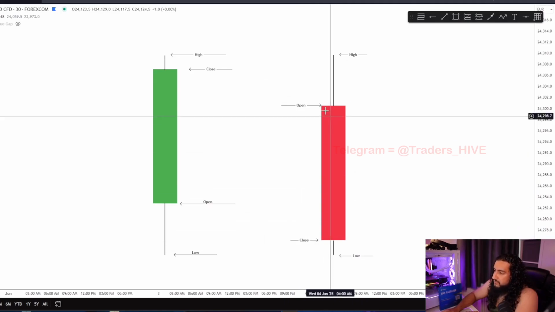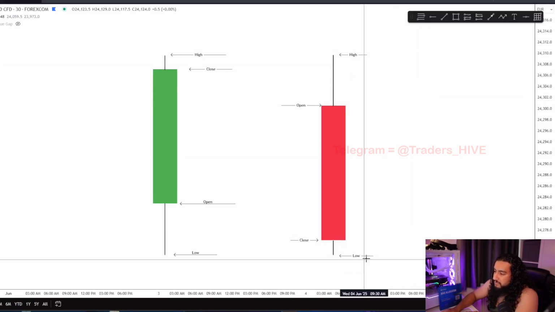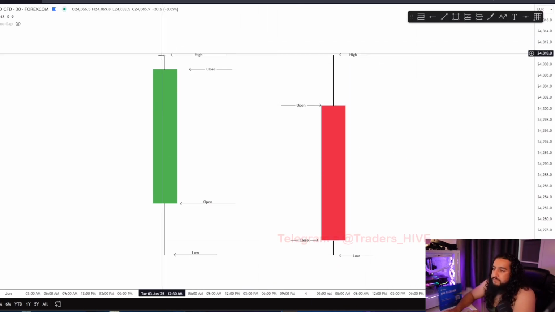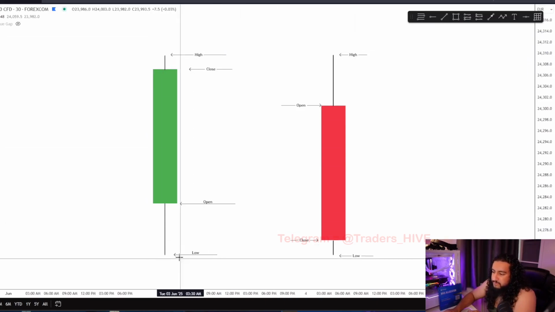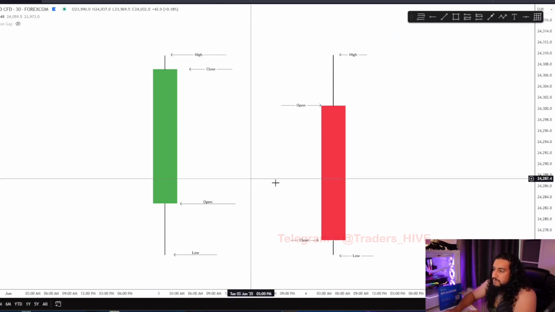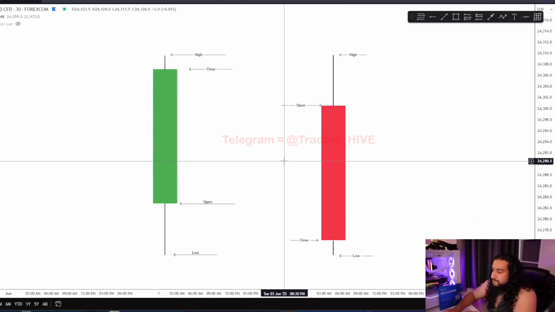So this is the close, this is the open, this is the high that was made, and this is the low that was made. Same thing over here for the bullish candle. This is the high that was made, and this is the low that was made. This is basically just the very basics of a candlestick.